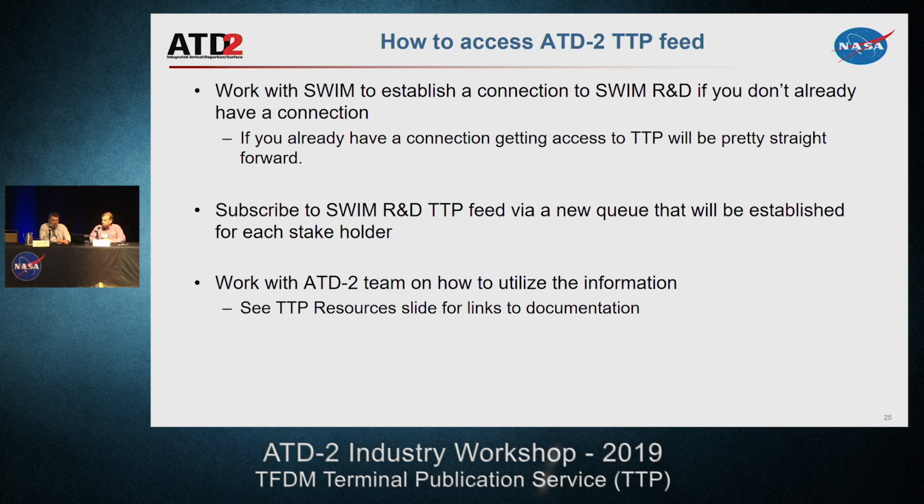There's one question here, and maybe another one. It's related. What is the total coverage of airports intended for TFDM TTP data? That's similar to the last question. What is the time frame for adoption? The total coverage is 89 airports. There's a published list, I believe, if people are interested to understand those 89 airports.